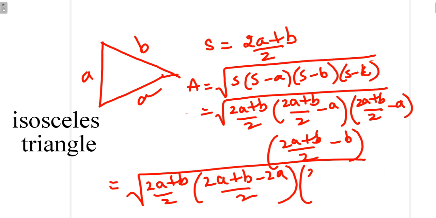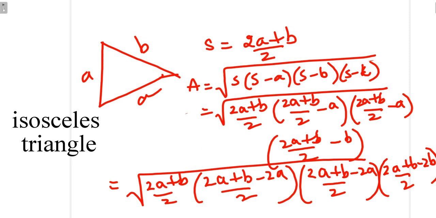Here again we get the same term, 2A plus B minus 2A by 2. And the third term is 2A plus B minus 2B by 2.